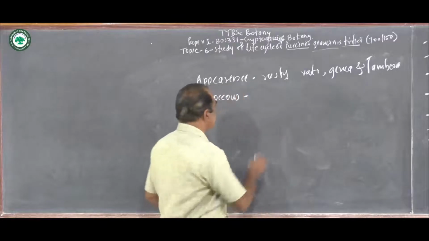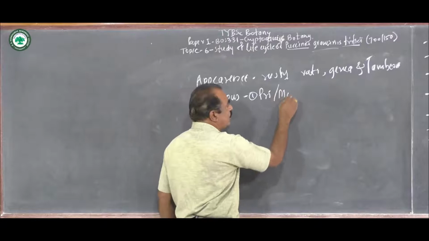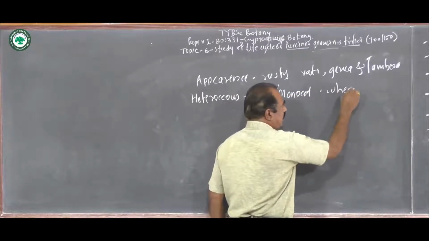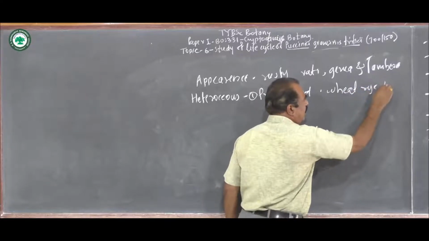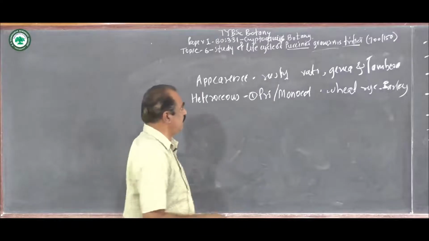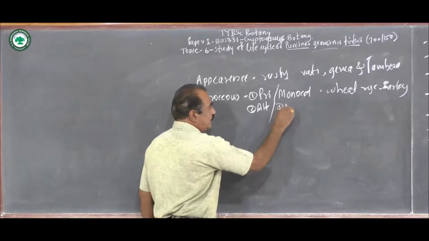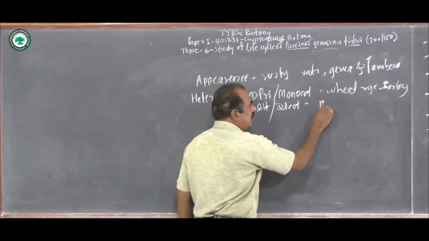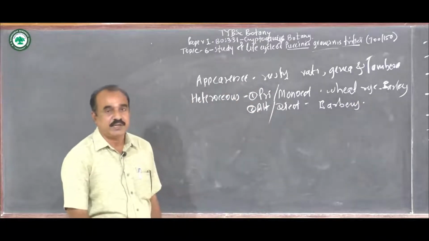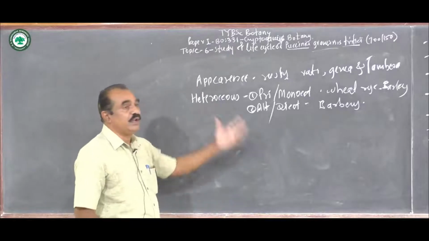So the first host, the primary host, is also called the monocot host, and generally it is wheat or rye or barley, and it also requires the secondary host, the alternate host. It is a dicot host, and generally it is the barberry plant. So these are species which complete their life cycle on two different types of hosts. Such species are called heteroecious.